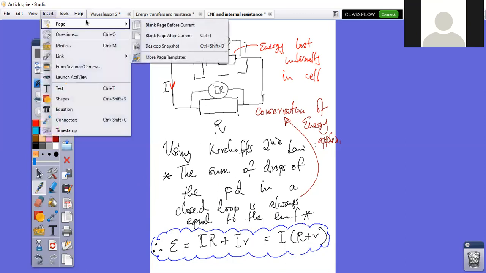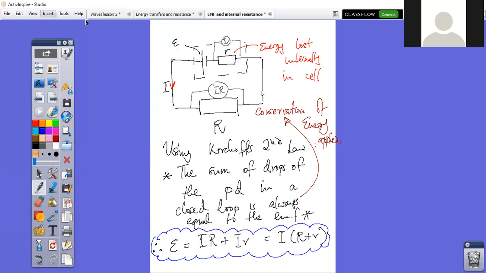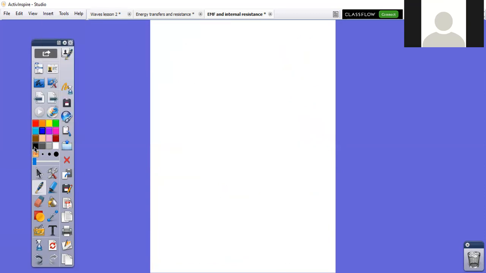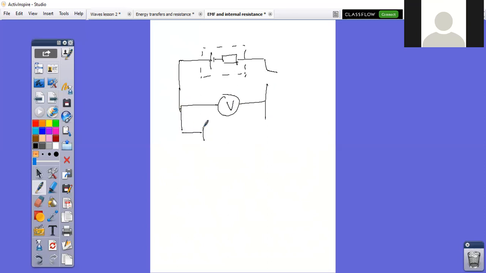Okay, so let's just put blank page after current. If I have, again, there's my real cell or non-ideal cell, and I connect a voltmeter like so. And here I'll have a switch. And I have an external resistor as before.